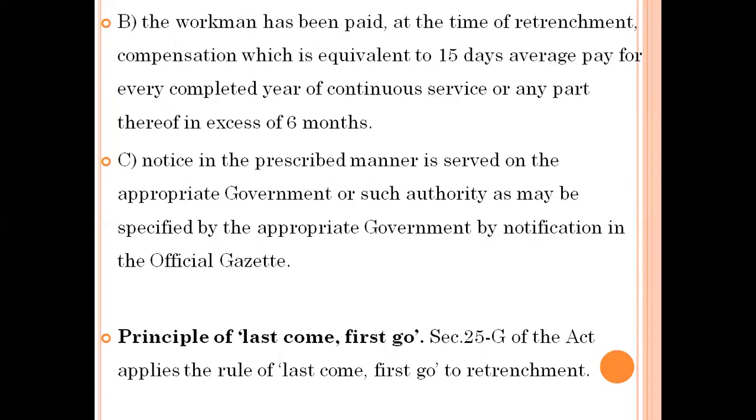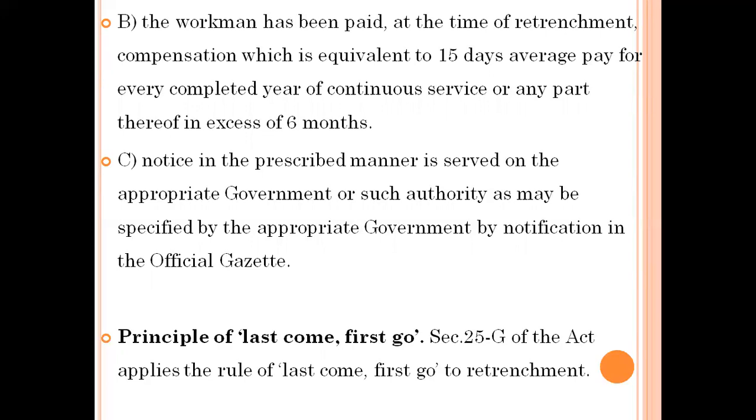The workman has been paid at the time of retrenchment compensation which is equivalent to 15 days average pay for every completed year of service or any part thereof in excess of 6 months. So the employer is required to provide 15 days average salary for each and every completed year of service.